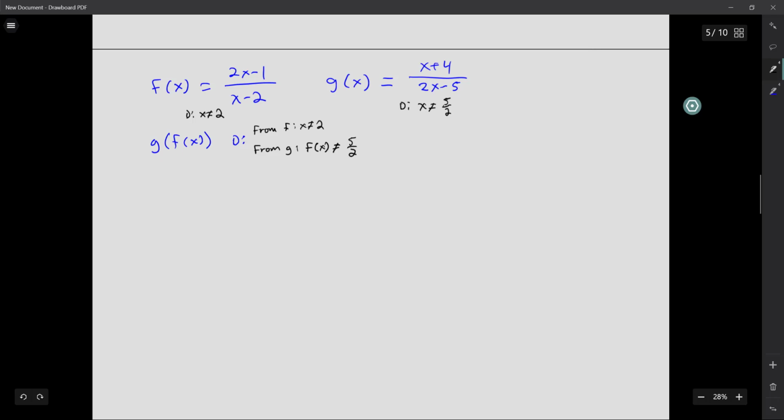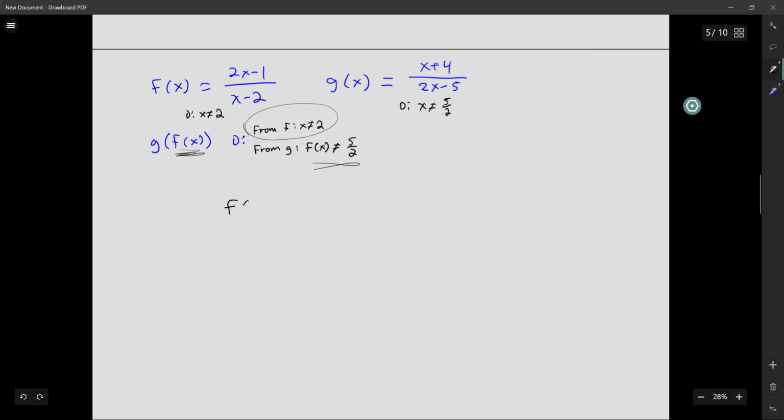The result of the inside function can't cause a domain problem for the outside function. So far, this is an immediate domain restriction that we have because we're always basing it off of the inside. But also we need to solve f of x equal to 5/2, and we need to cut out all of the x values which cause f of x to be equal to 5/2.